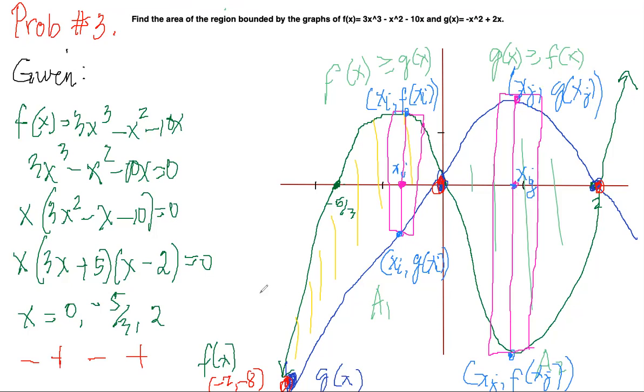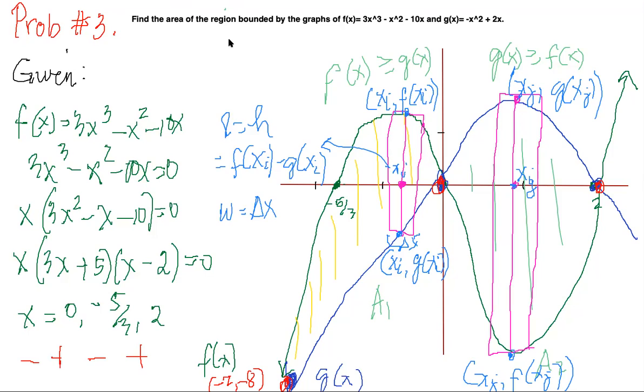Let's identify in area 1. In area 1, the length, or height, is equal to what? The upper part is f and the lower part is g. So therefore, the height of the rectangular strip here is f of x sub i minus g of x sub i, right? And our width here is delta x. I hope it's clear.